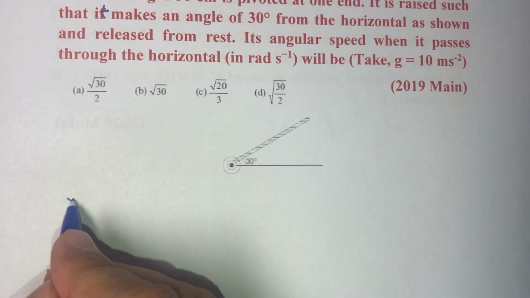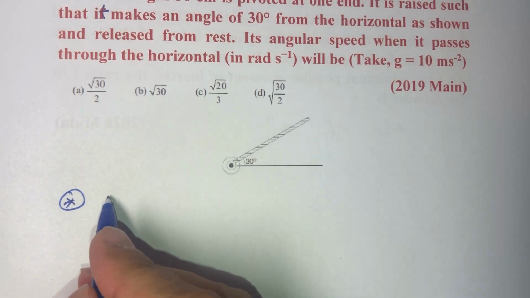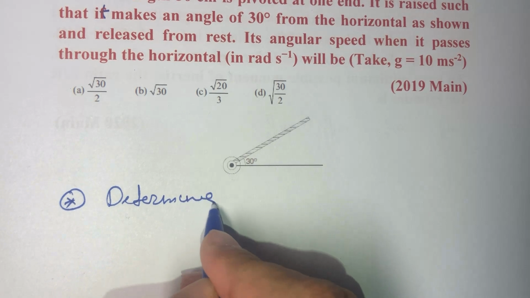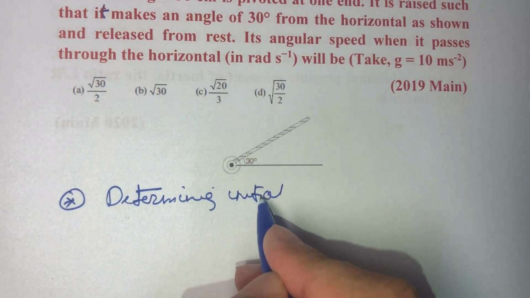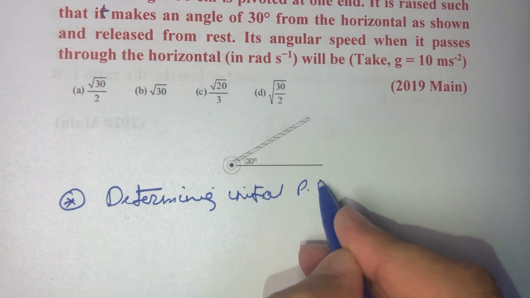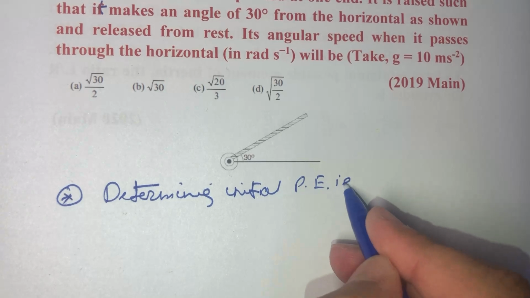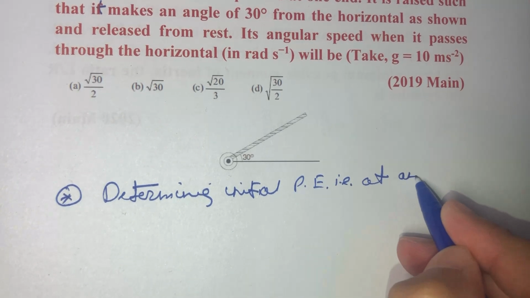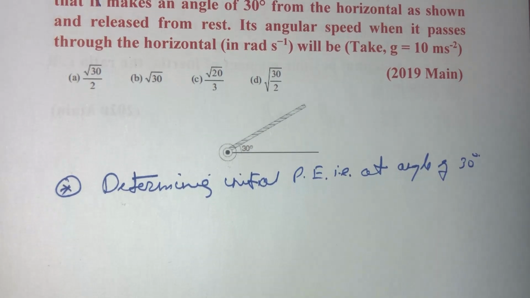We can say, determining the initial potential energy, that is at an angle of 30°.